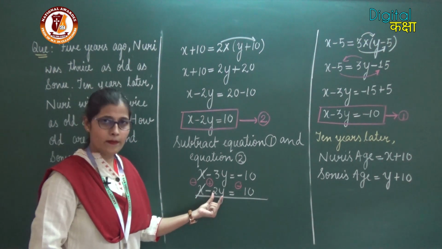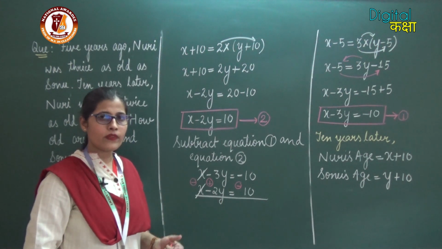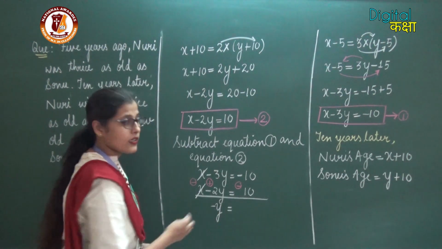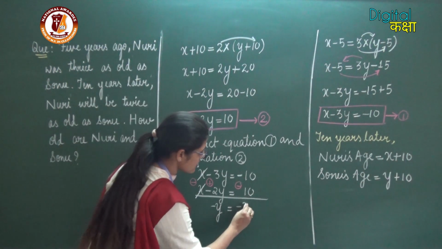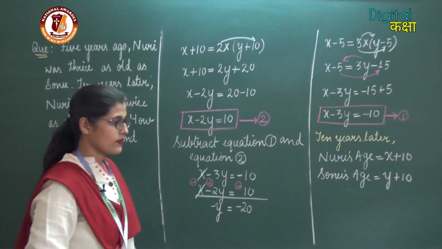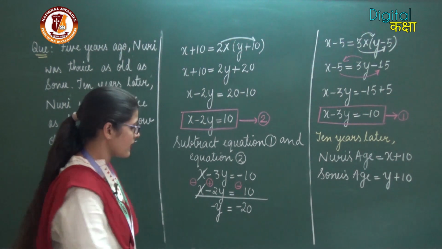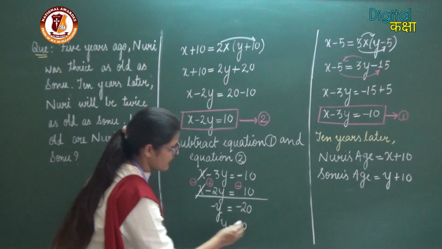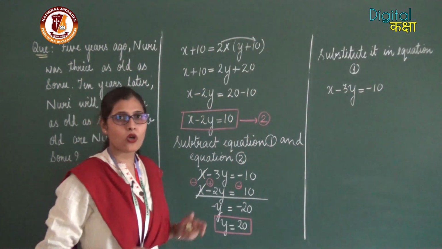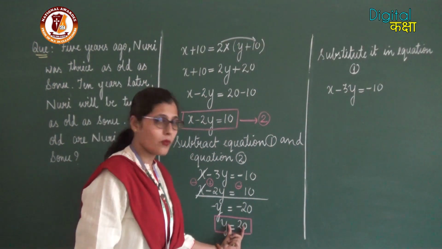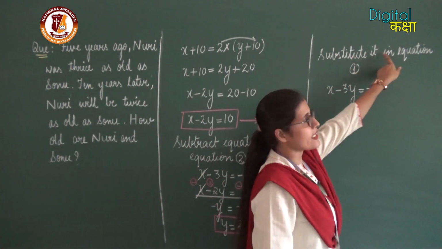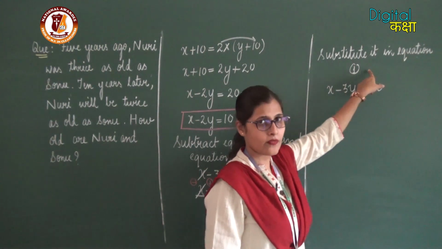Minus plus is minus, therefore minus 3 and plus 2 will be minus 5y equals minus 20. So the value of variable y is equal to 20. Since we got the value of variable y as 20, we will substitute it in equation 1.